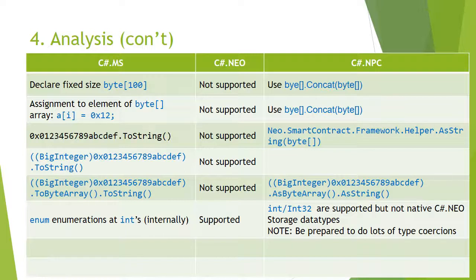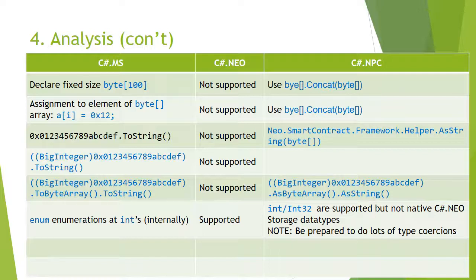Lastly, at the bottom, enums. Enums are represented internally within the Microsoft C# compiler as ints. They are partially supported in the same way that integers and int32s are partially supported.